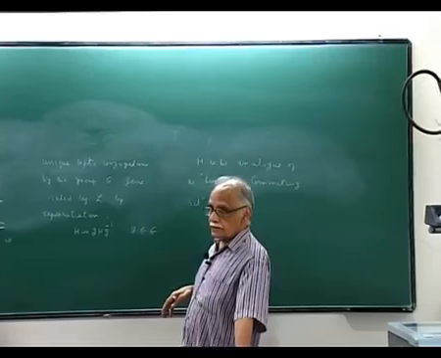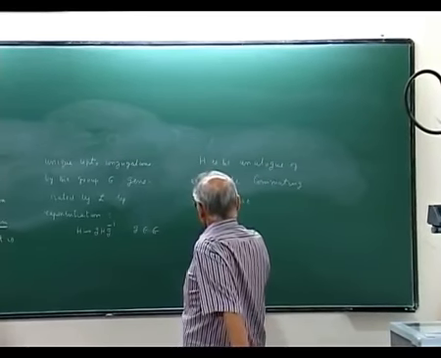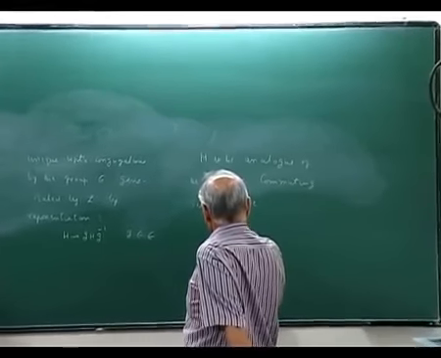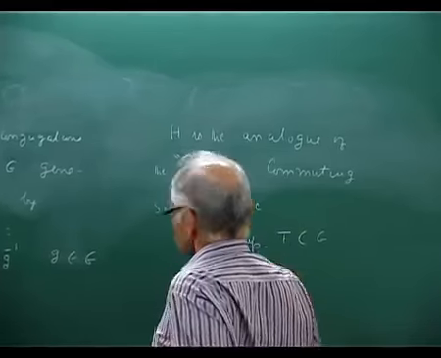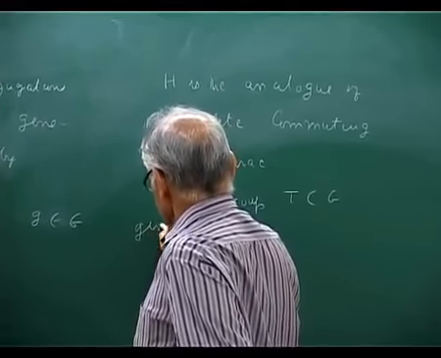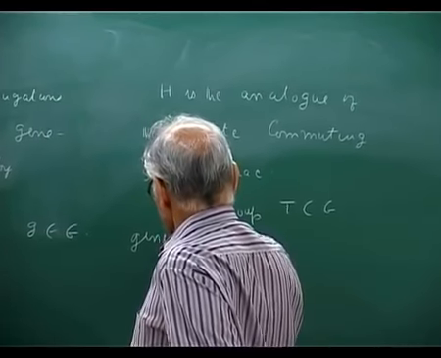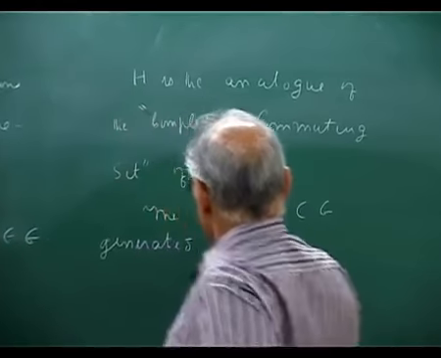Okay, the group H generates, called T, in G, generated by H, is abelian.